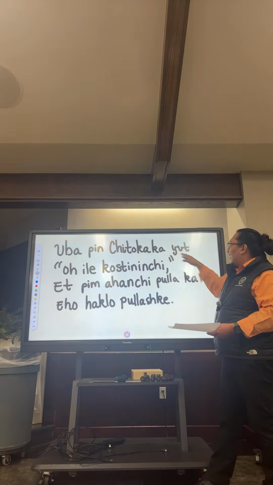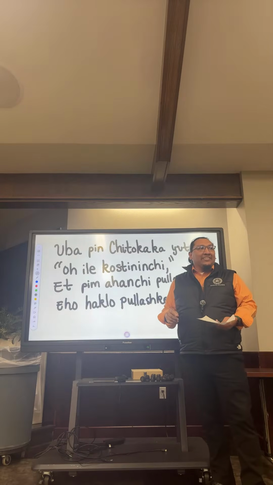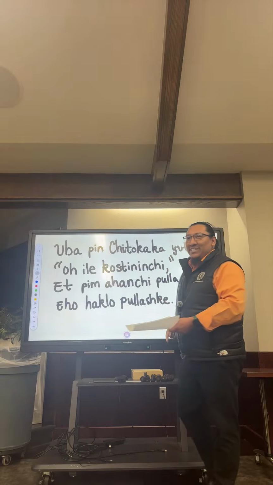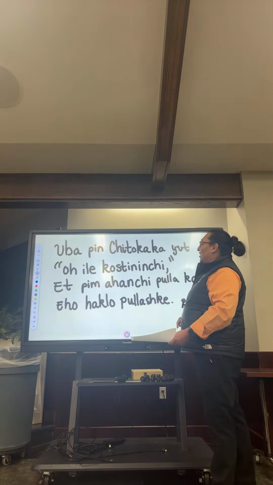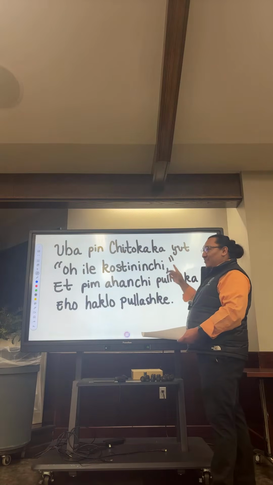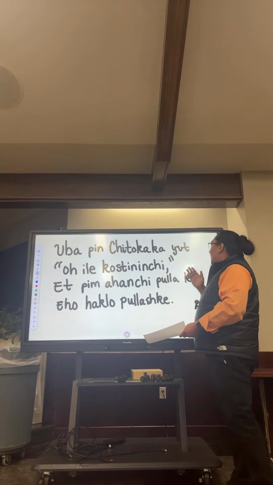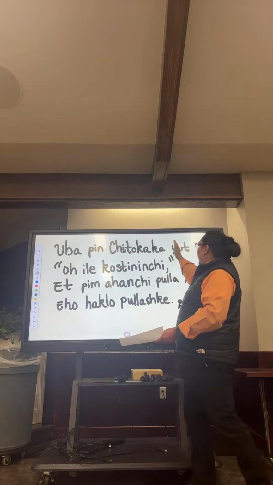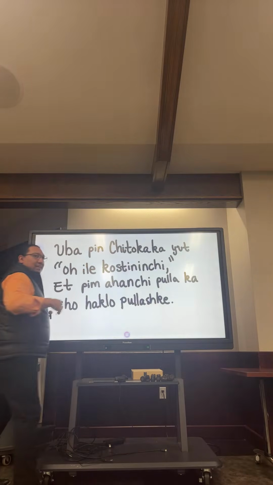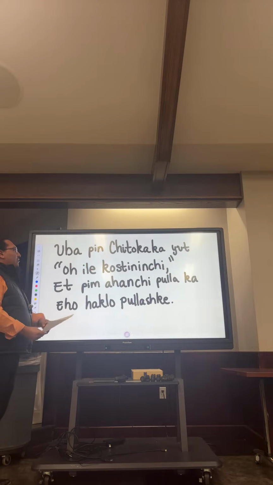I always said chitokaka for a long time until I heard speakers say chitokaka, so I'm trying to fix my speech. Abba pin chitokaka. Woo, that's hard. There you go. So this yet tells you that this whole thing right here, Abba pin chitokaka, is what is doing the action, is the subject. So what does that mean?